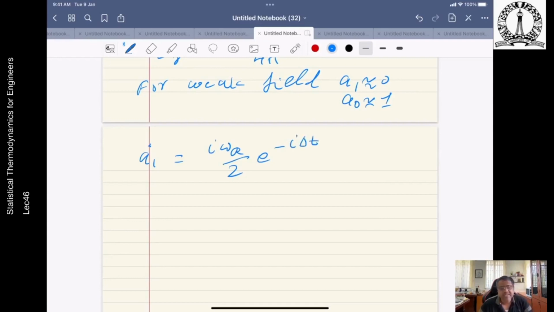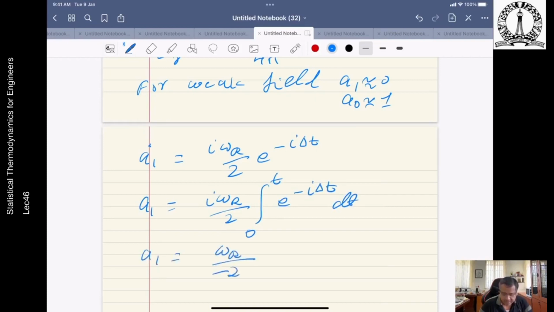This can be readily integrated to get A1 equals i omega r by 2 integral from 0 to t of e to the minus i delta t dt. So A1 is omega r by 2 delta times e to the minus i delta t minus 1.